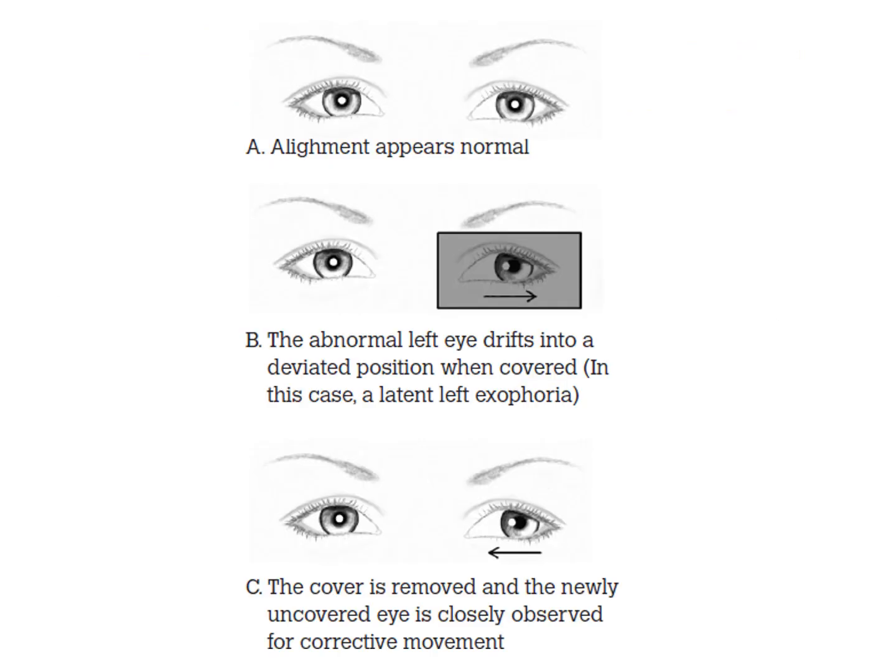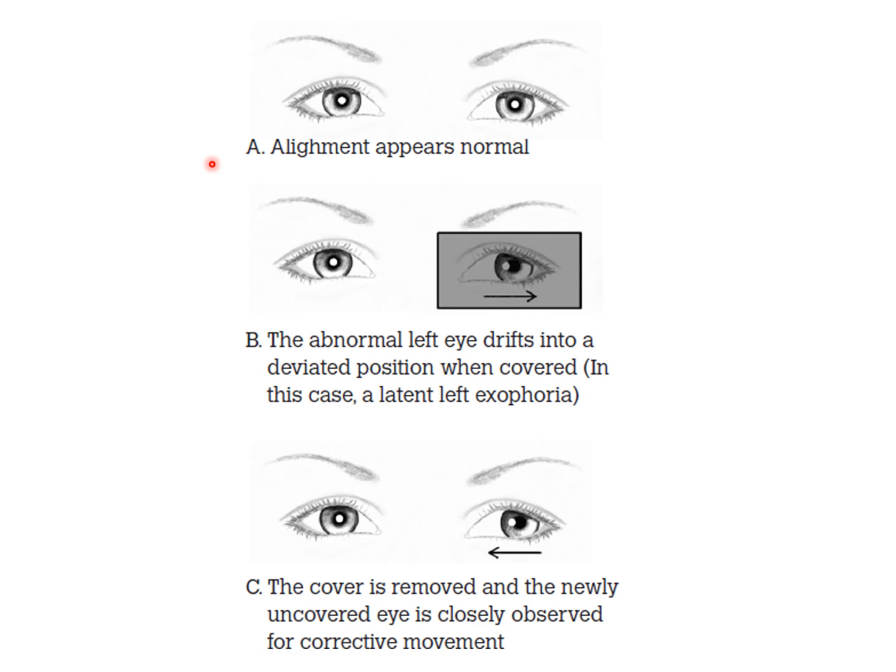So in this example, with the letter A, alignment appears to be normal when you are not yet covering the eyes of the patient. So the next thing to do is cover the right eye because you would want to test the right eye. Remember, the eye that you are covering is the actual eye that you are assessing.